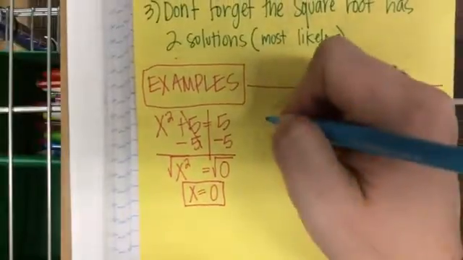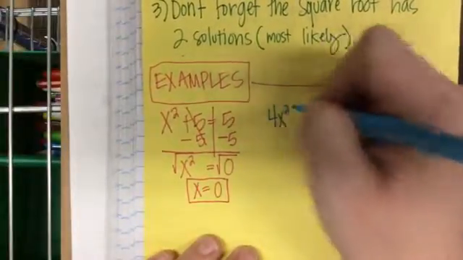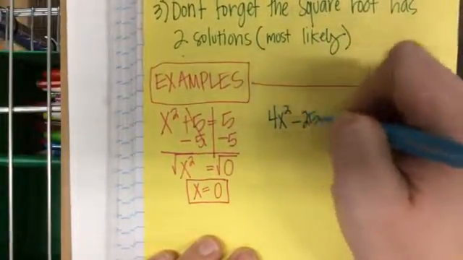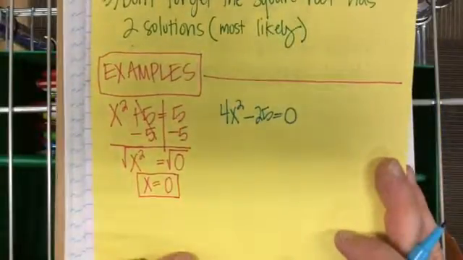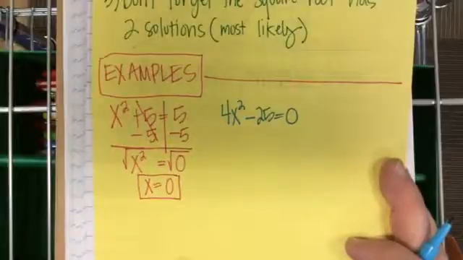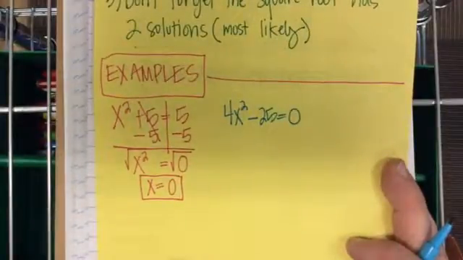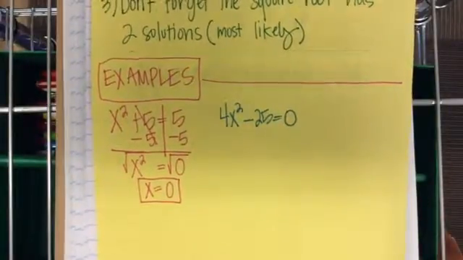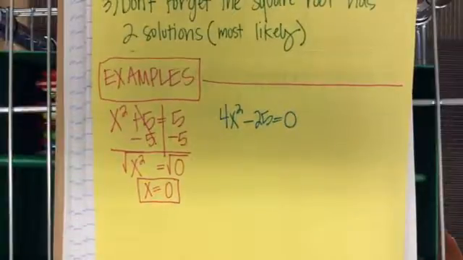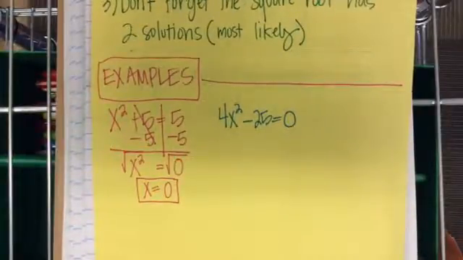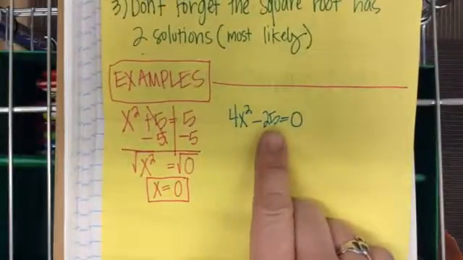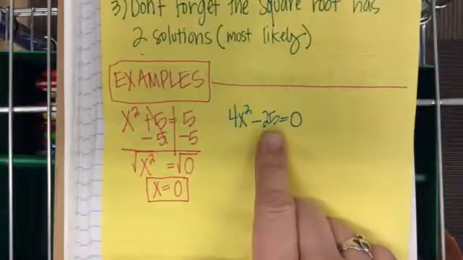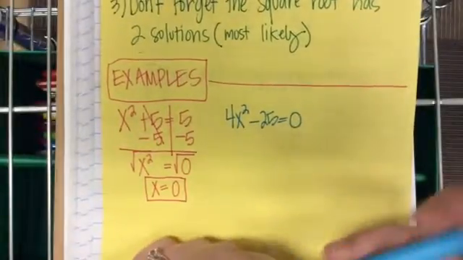Let's try another one. 4x squared minus 25 equals 0. I could factor this. I could graph it. But because I see 4 and I see 25, I'm going to square root it.